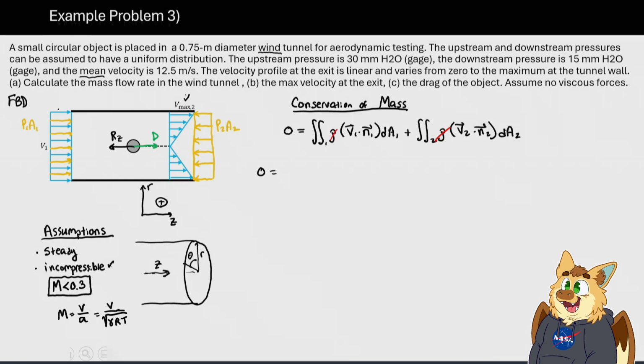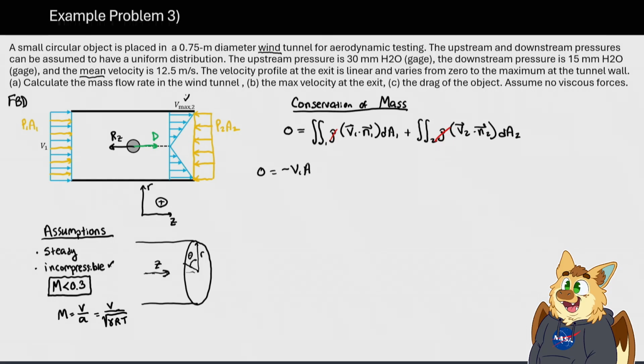It doesn't vary in the radial direction like our exit does. And nothing else is varying over our area. So we can actually just remove the integration and focus on the dot product in the total area. In this case, we'll have inflow, which means after this dot product, we'll get a negative V1 times A.